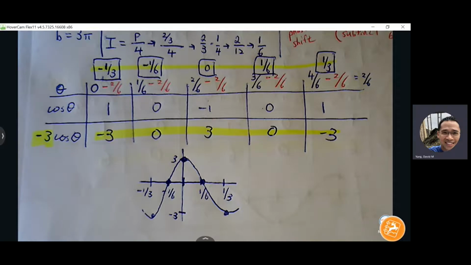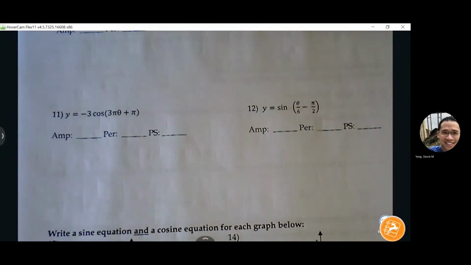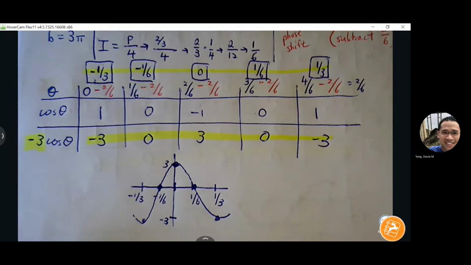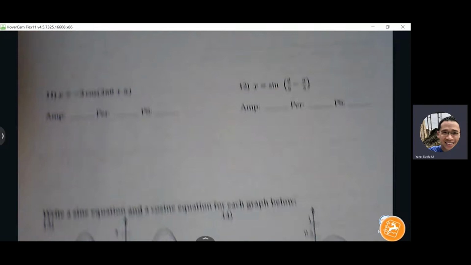Okay, everybody good with 11? Everybody still need to look at 11? Good. All right, so 13.